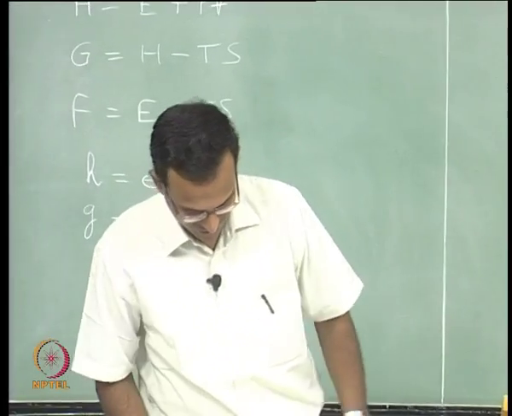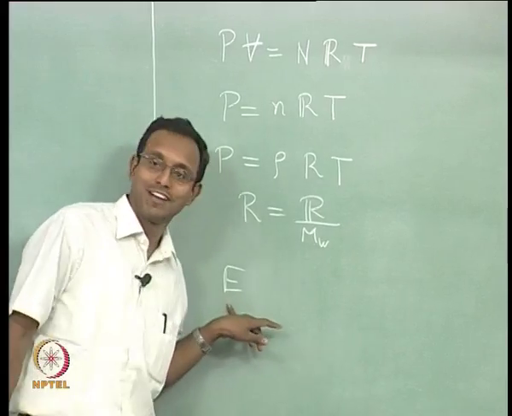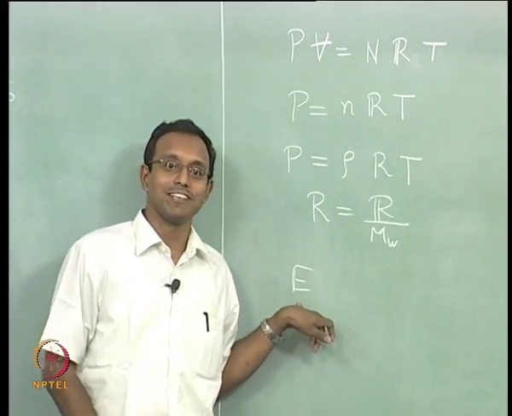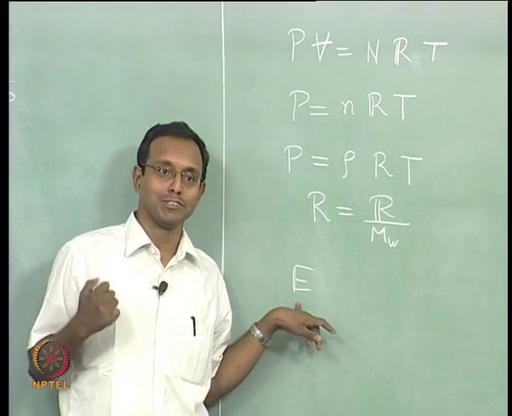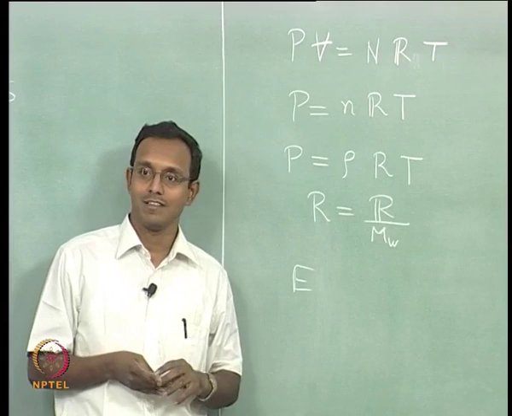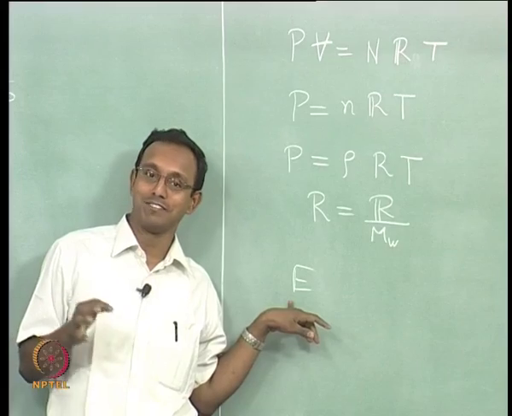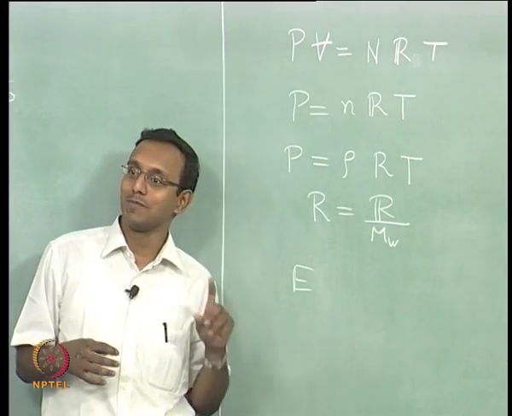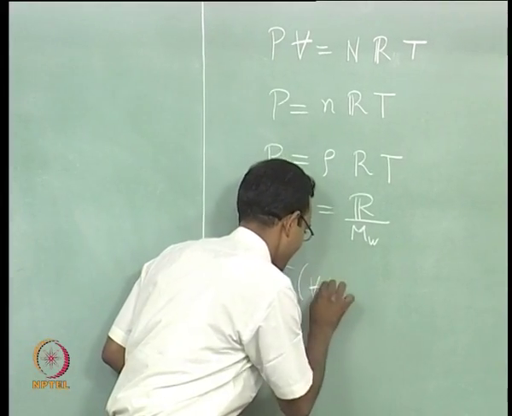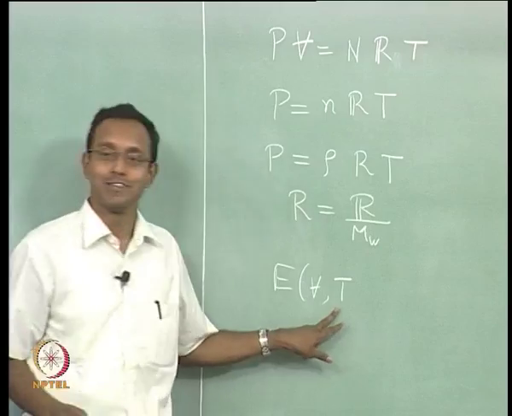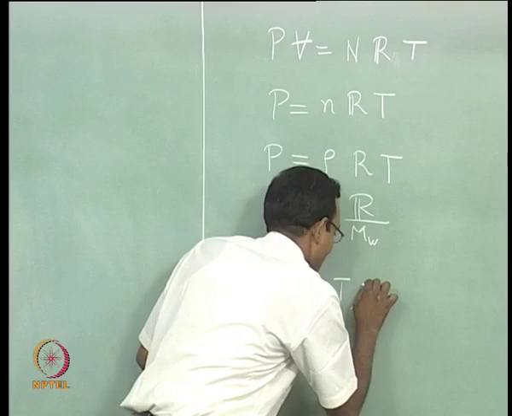Now I will go back and look at my energy. If I want to define energy, I have to define it somehow in terms of 2 properties and composition. If I am thinking about constant volume kind of systems, I want to think about volume as a key parameter. Temperature of course is another key parameter for energy, and then the remaining things you need will be concentrations.